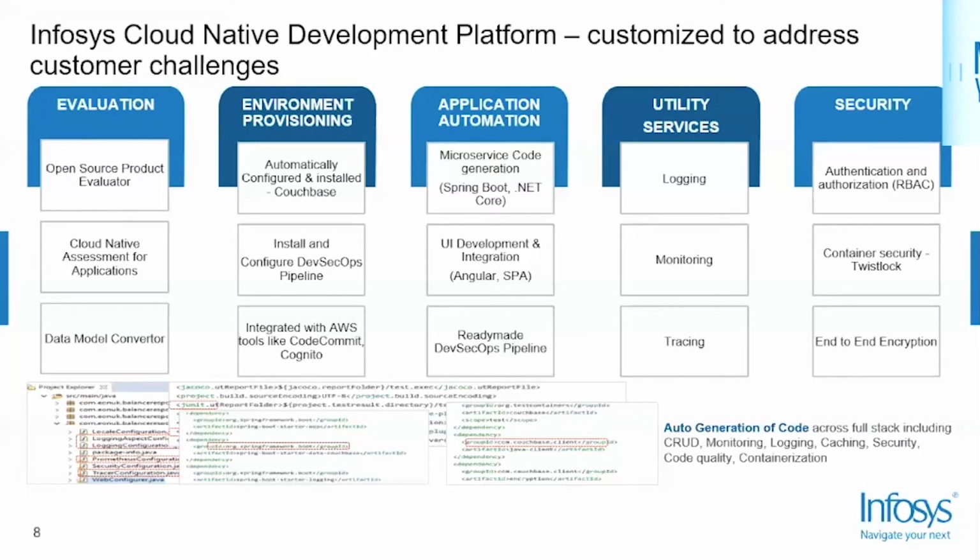We also integrated with AWS CodeCommit, Cognito, and quite a few others because the customer wanted to start with AWS as a public cloud provider. We'll cover more during the demo, but this platform is meant to give you an end-to-end view and helps to accelerate the overall development and overall cloud native adoption. That is what the customer has realized.